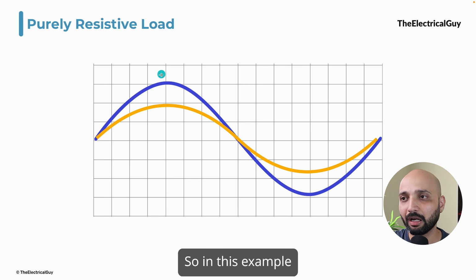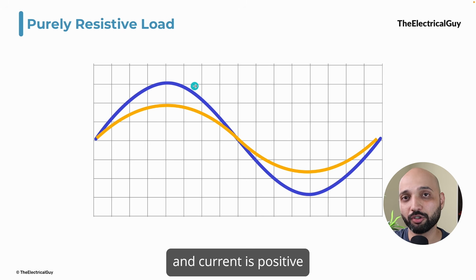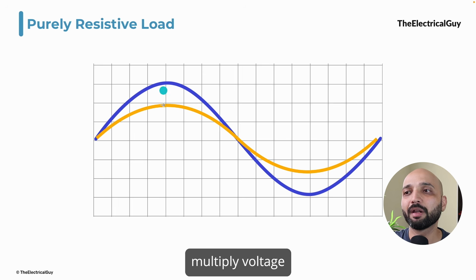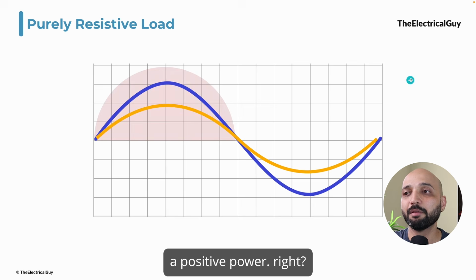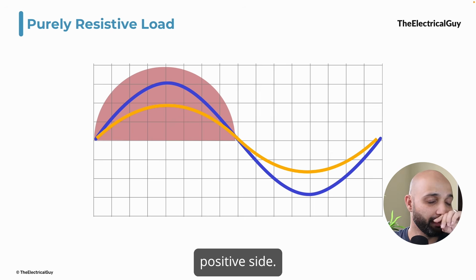In this example, I'll consider this peak point here. At this point, you can see both voltage and current are positive. And power P is equal to voltage multiplied by current. So when we multiply voltage and current here, we will get a positive power, right? The power that is on the positive side.